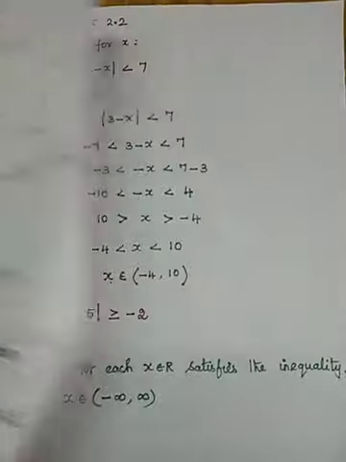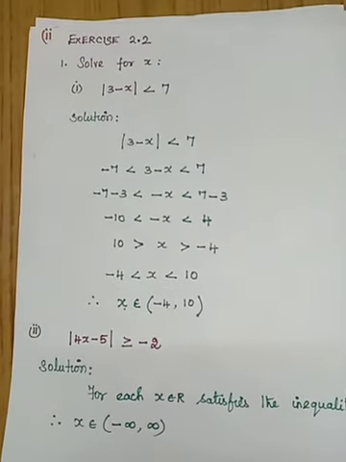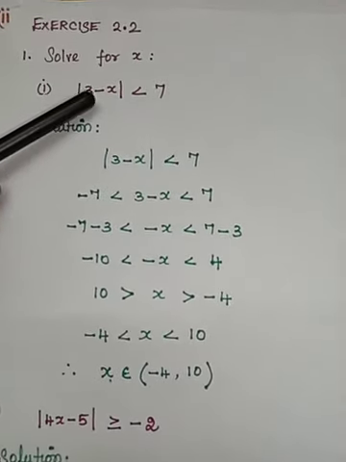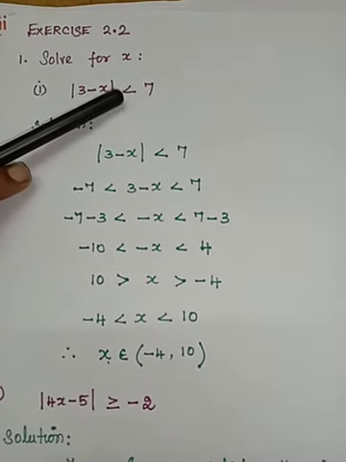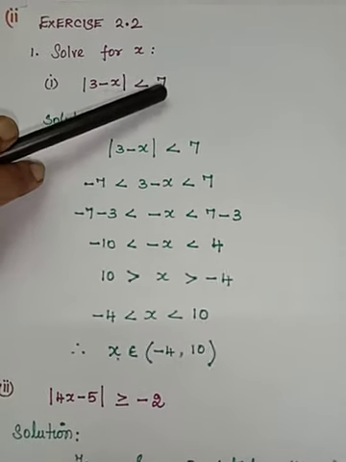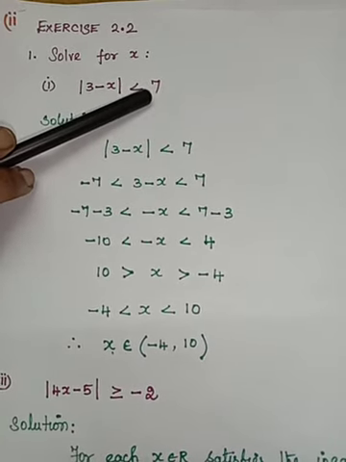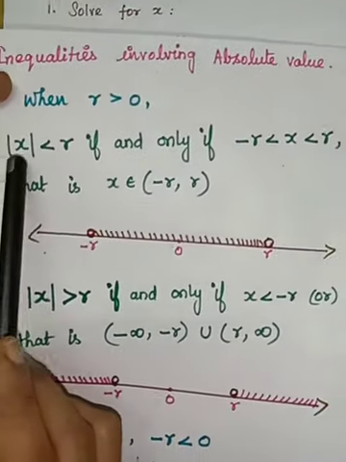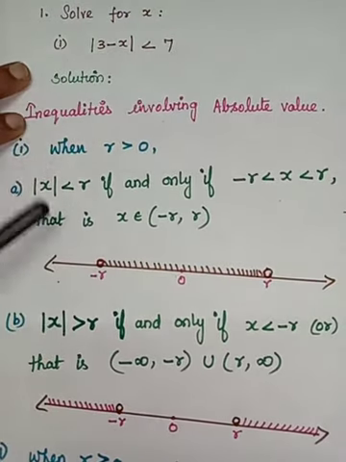You see, the first problem, solve for x. So we have to find the values of x. First one, modulus of 3 minus x less than 7. So if the inequality is given, what you have to see is the right side. So the right side is positive, and see how it looks: modulus of x less than r.